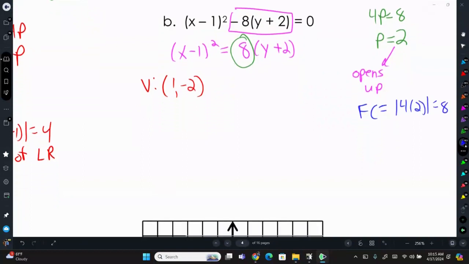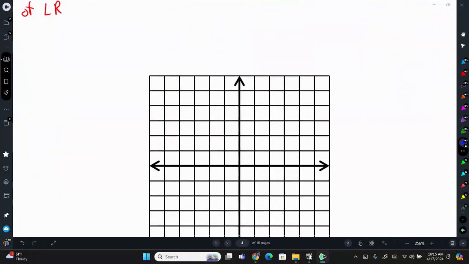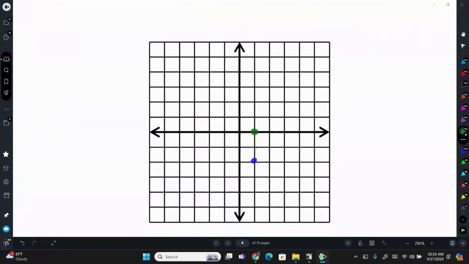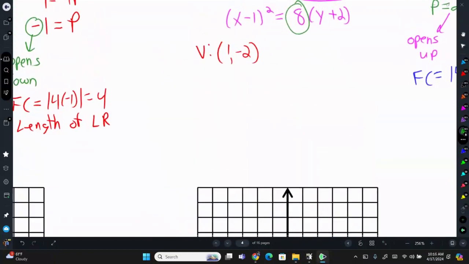So now, from my vertex, which is at (1, −2), I'm going to go up 2, that is where my focus is, and down 2, that tells me where my directrix would be. So focus is at (1, 0). My directrix is y = −4.